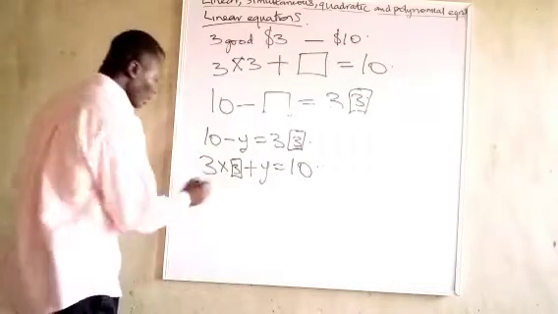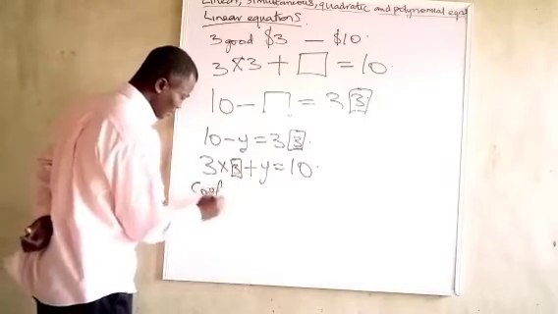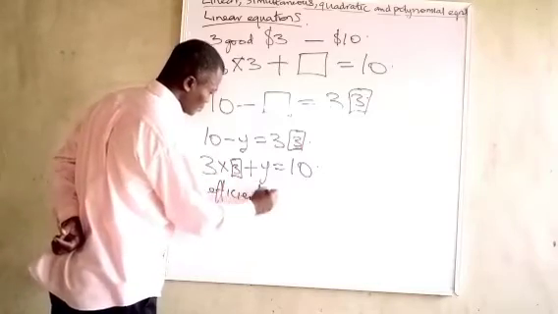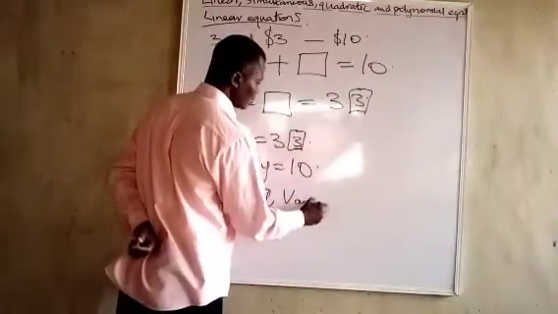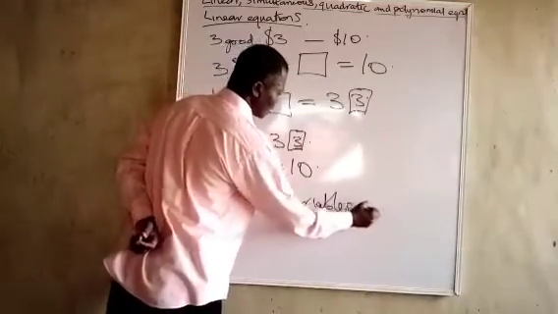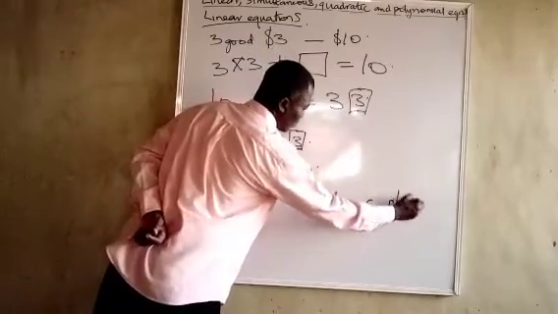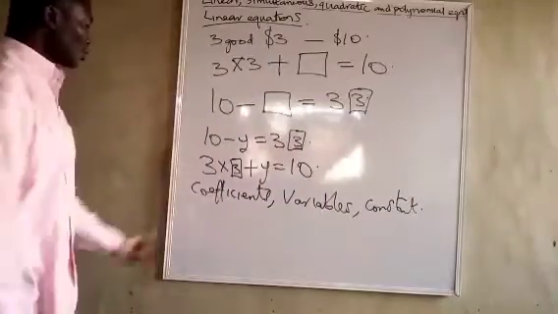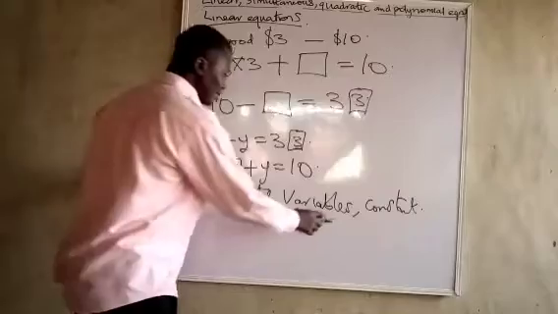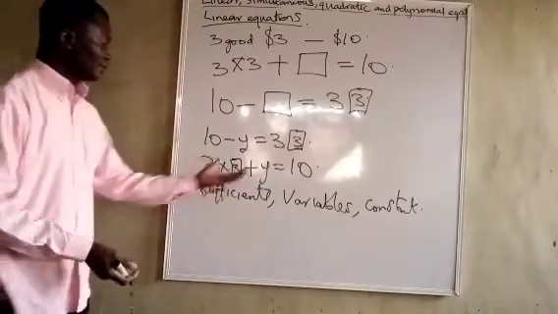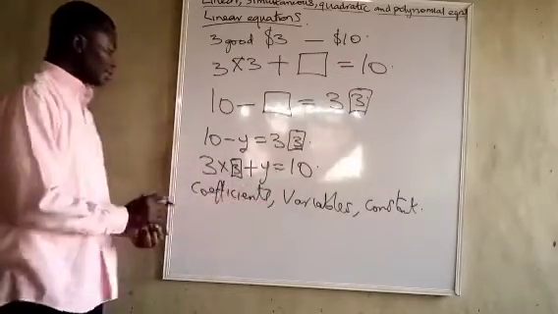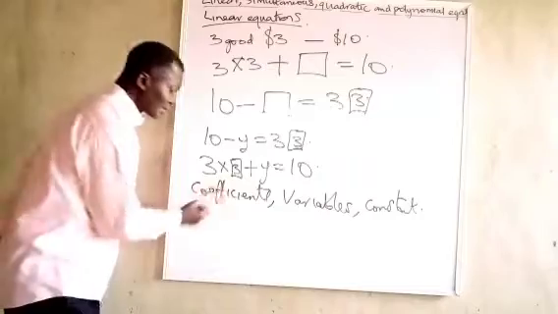These are the things that we use. We have something we call coefficients. We have variables. And sometimes we have constants. These coefficients are attached to the variables. And what are the variables? The variables are represented by letters. These coefficients are constants, these coefficients are figures.